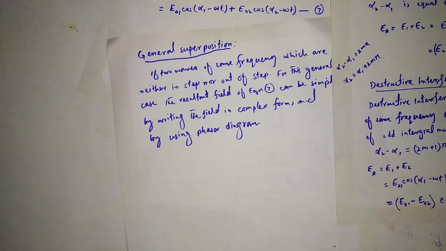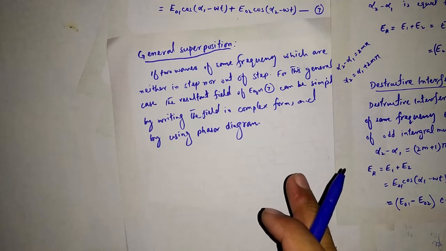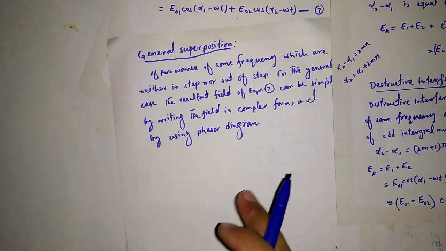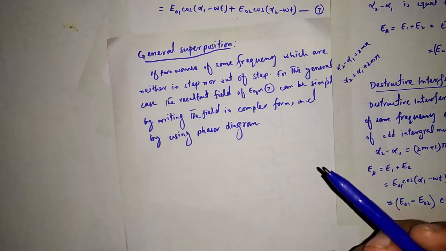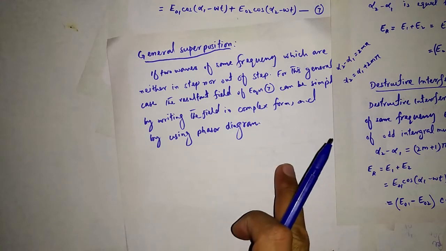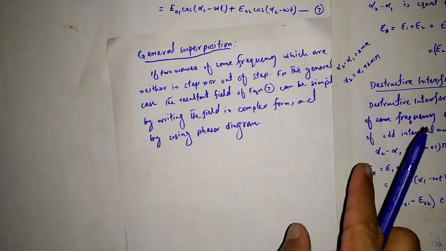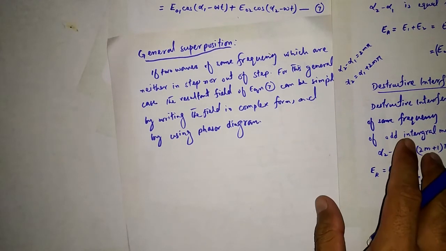So we have to note that in the phasor diagram the amplitude of the wave is given by the length of the vector, and the phase of the wave is given by the angle of the vector with the horizontal axis.